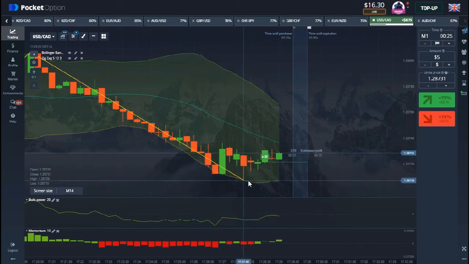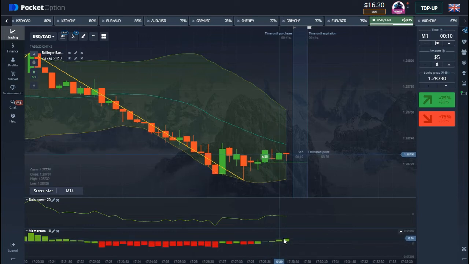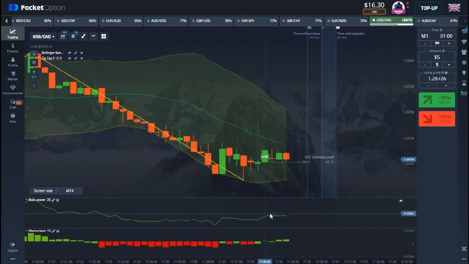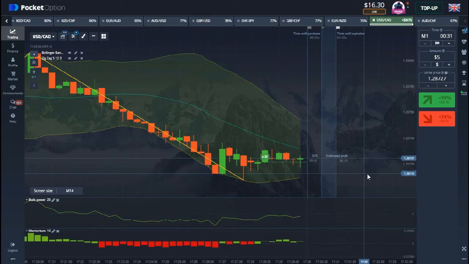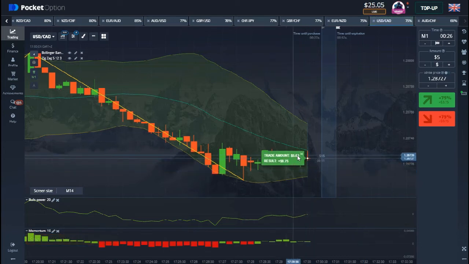So you have to wait for the Bollinger Bands to make a round shape going upward, and the Momentum is also showing green, making green bars. It means it goes some up, and Bulls Power is also showing it goes some up. So let's see the result.